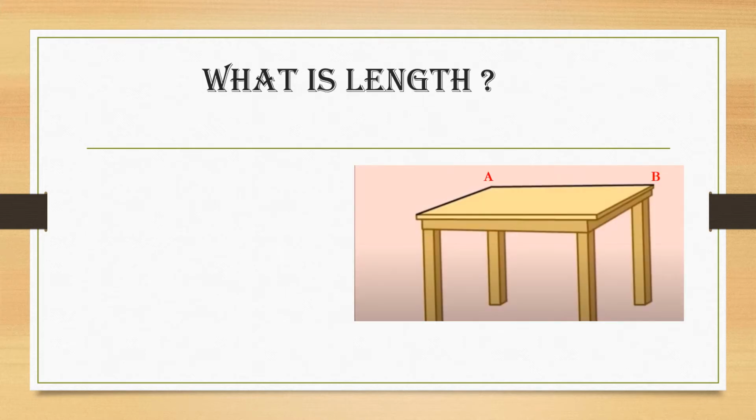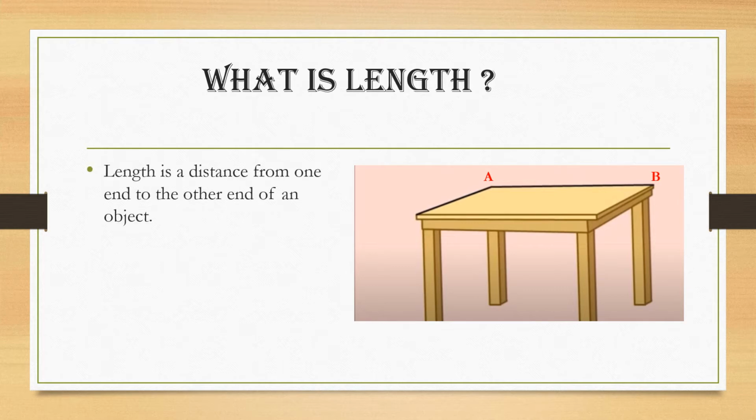Children, do you know what is length? Do you know? Yes. See this picture, see this table. The length from one end to the other end of this table, from point A to B, the distance, the place between these two points is called length.